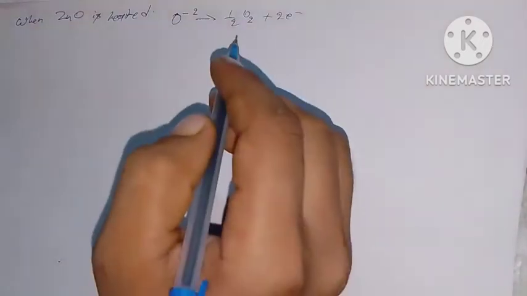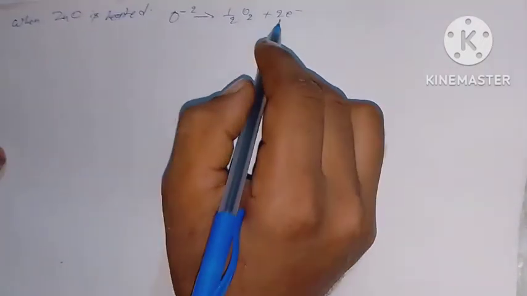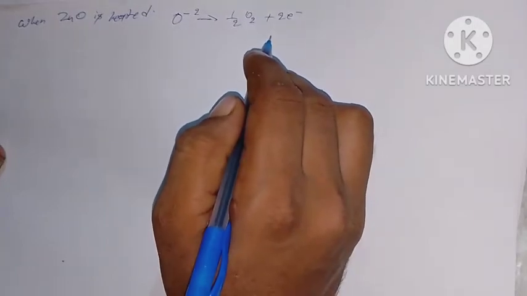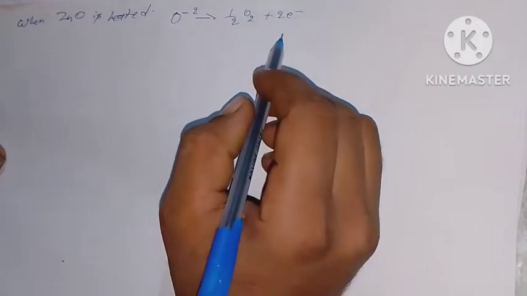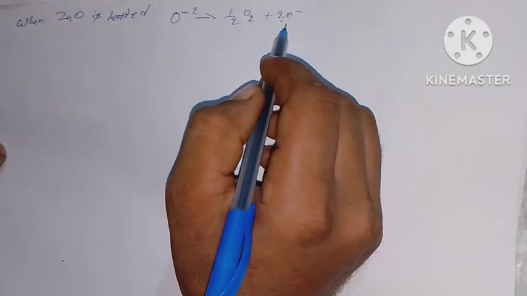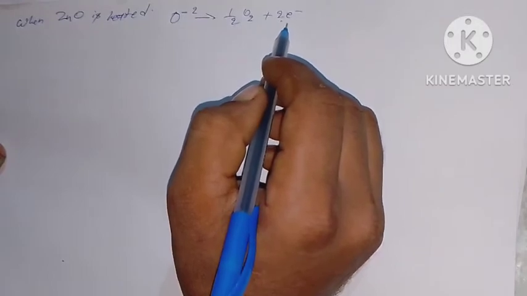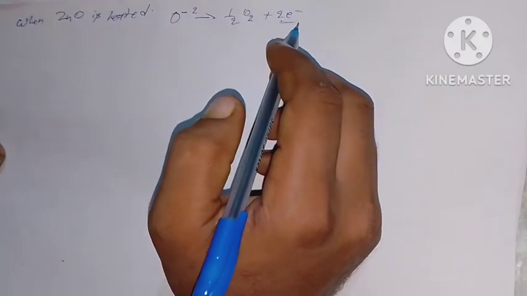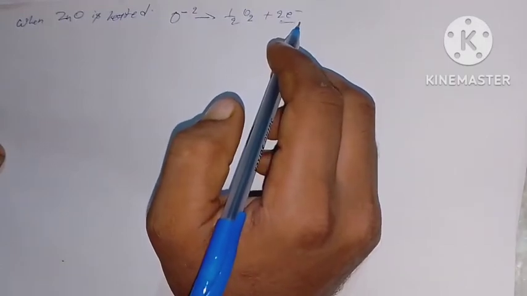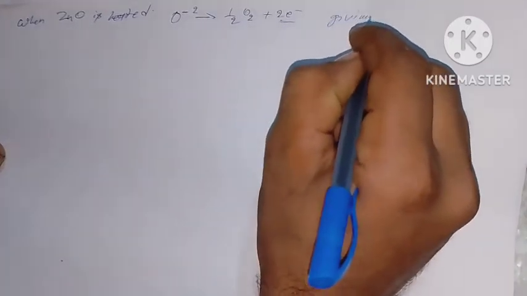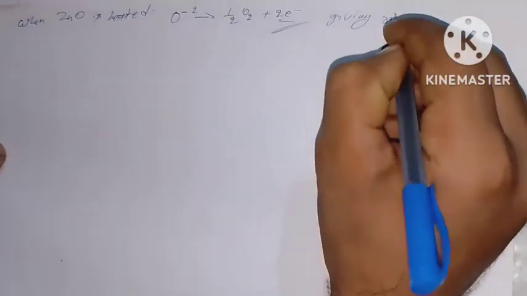Oxygen escapes and electrons remain in the lattice. Due to heat, electrons move from one lattice site to another lattice site, giving rise to color.